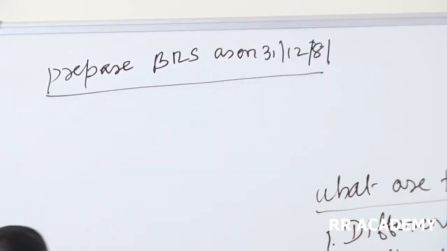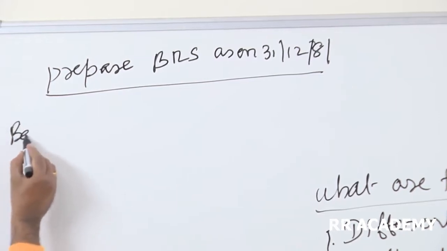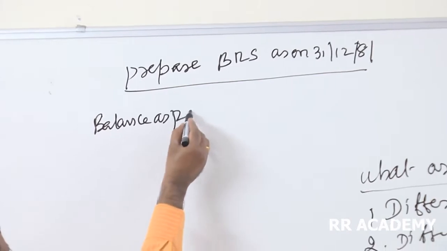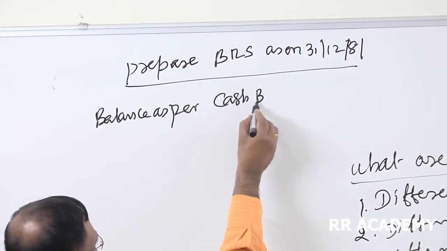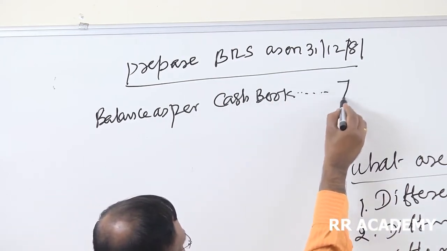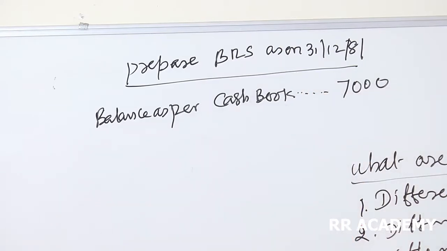Right. First, balance as per cash book. The book balance will be given first. Cash book 7,000. This is the problem.